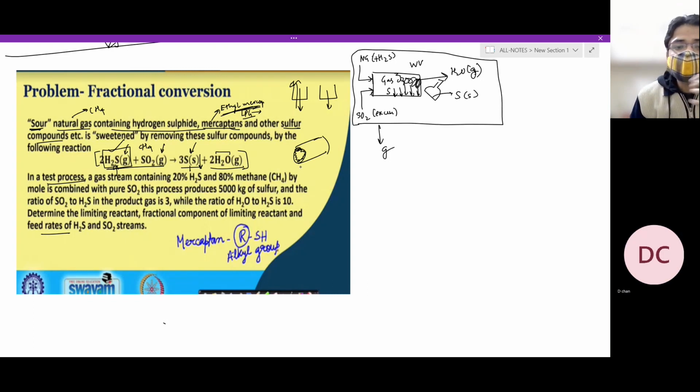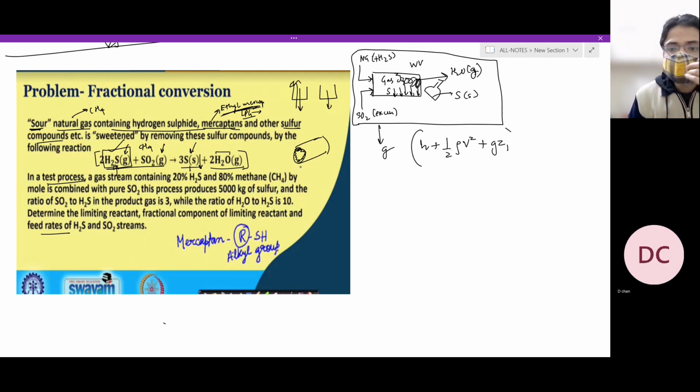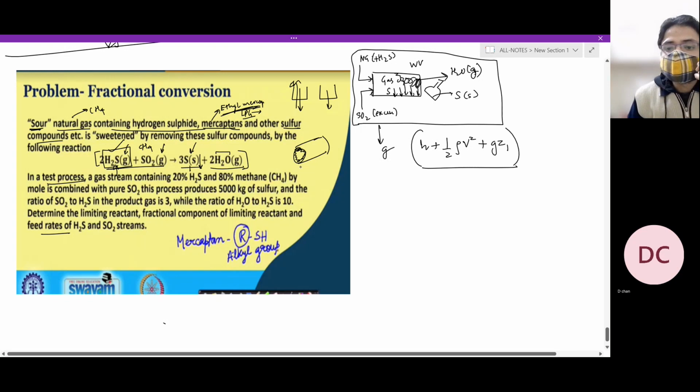For example, here you are not required to calculate the energies, but if you are required to calculate the heats of formation or the enthalpies, the total energy would be given as half rho v squared plus this type of thing plus gz1, something like this. You might have seen this expression somewhere else, right? Bernoulli equations, sir.